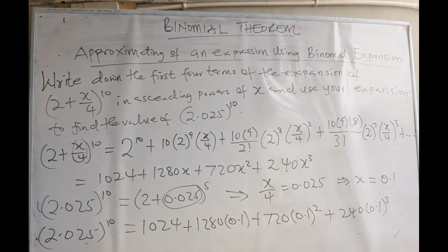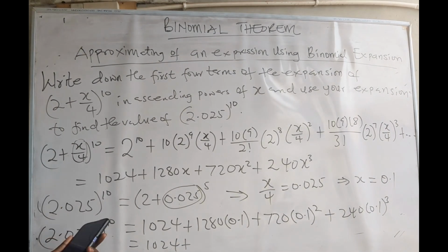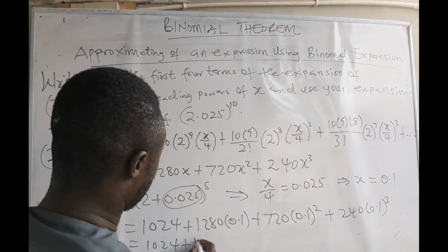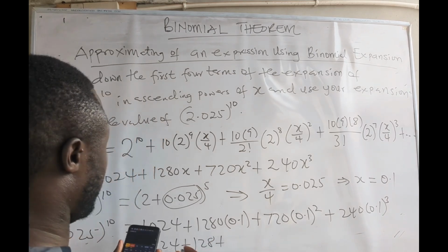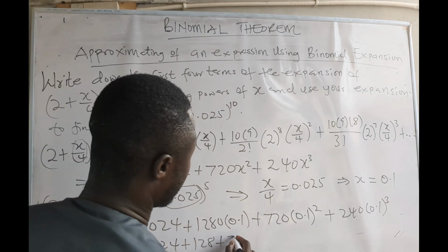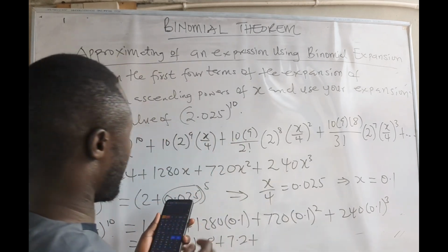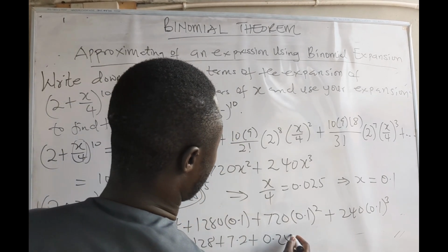All right. So that we have 1024 plus 1280 times 0.1 will give us 128, plus 720 times 0.1 squared will give us 7.2, plus 240 times 0.1 cubed will give us 0.24.